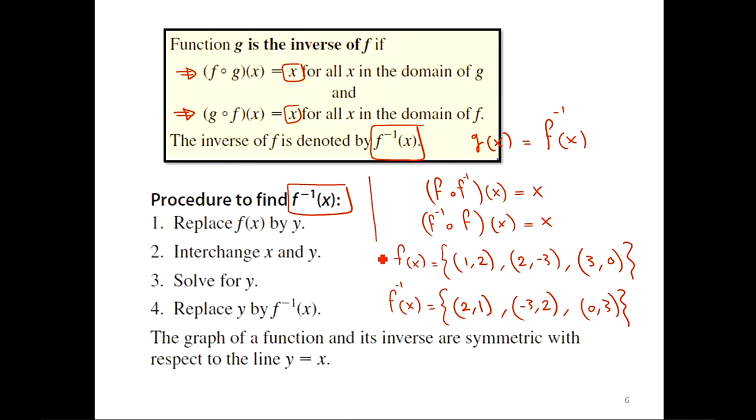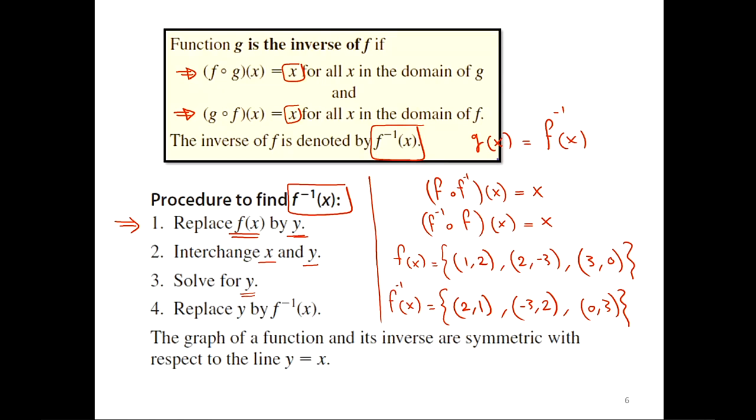Okay, in general, how can we find the inverse? Firstly, we must replace f of x with y. So remove f of x, put y, so the equation is y equals, for example, 2x minus 3. Then interchange x and y: if we have x, replace it with y, and if we have y, replace it with x. Now we need to find y.